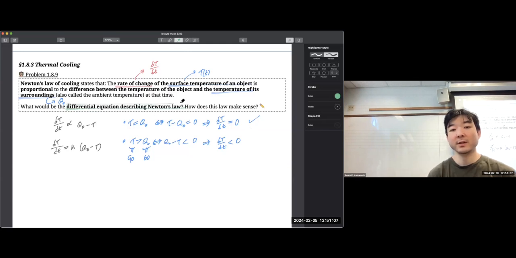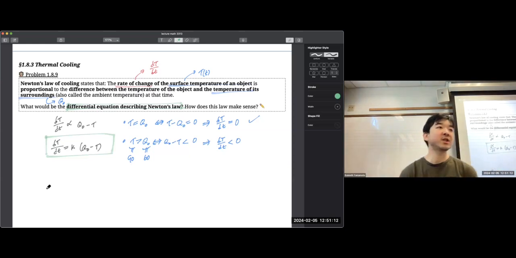The differential equation describing Newton's law is actually this, with K times Q naught minus T. It was good to check that the signs are correct. It's really the difference between the temperature of the object and the surrounding, but that difference is written in this order. And then we'll be able to use this equation to solve a bunch of problems involving cooling and heating of objects. So we'll do that next time.